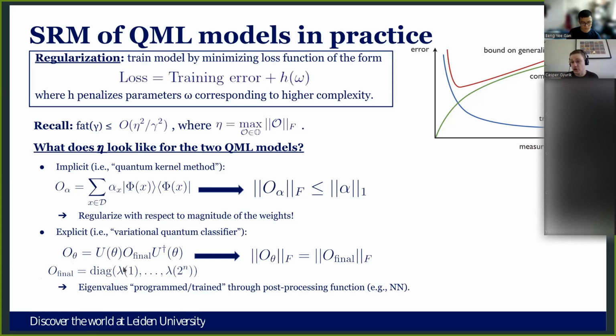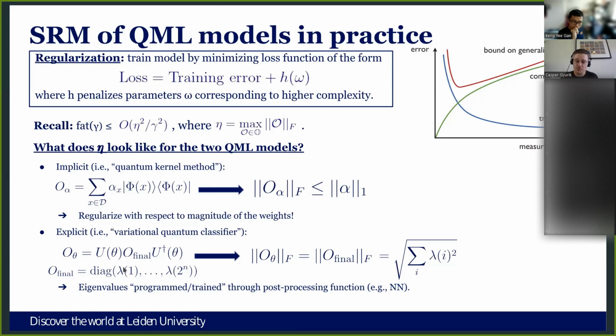So again, what you learn is that if your model is such that ansatz, measure, post-process, and average, then you must make sure that the post-process function doesn't have a large magnitude. You want this Frobenius norm, which is basically the sum of squares of the eigenvalues, to be small.